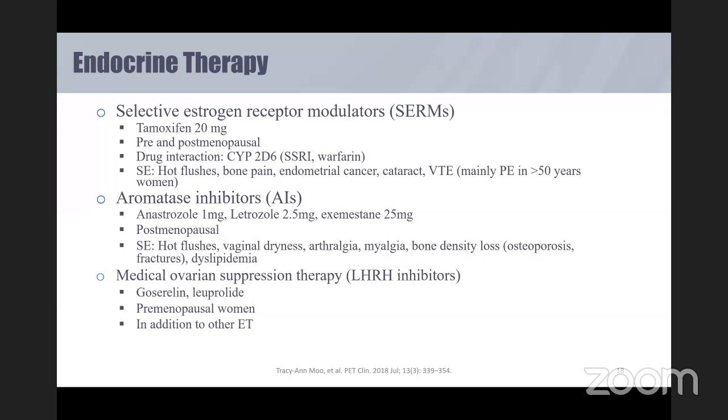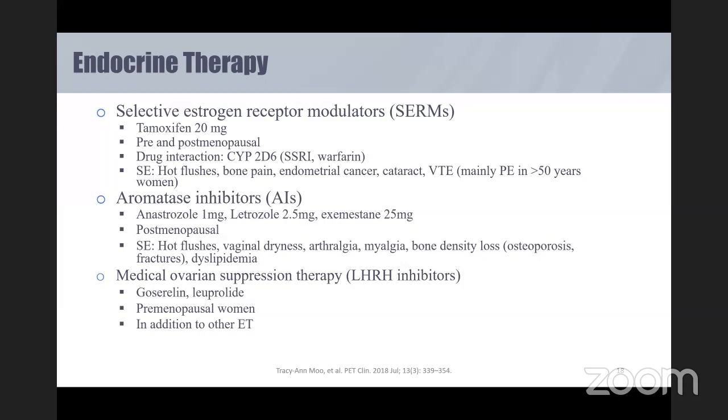Also warfarin is a substrate, so there is competitive inhibition of warfarin, and warfarin levels in the body may rise, resulting in bleeding. Those are two main concerns we have to look out for.